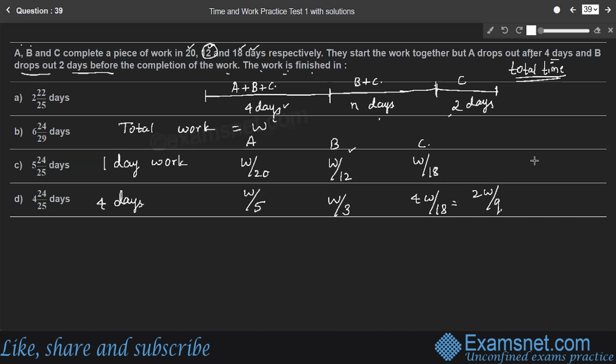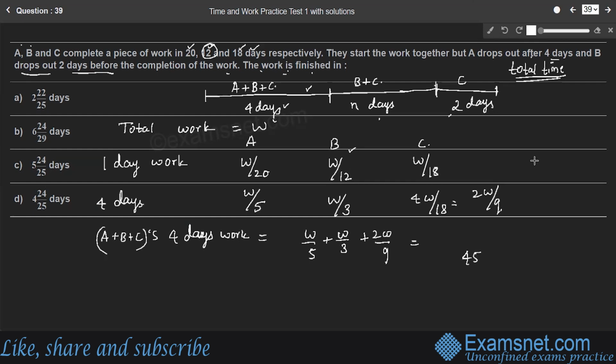So students, A, B, C work for 4 days, so their total 4 days work is W by 5 plus W by 3 plus 2W by 9. Here the LCM is 45.